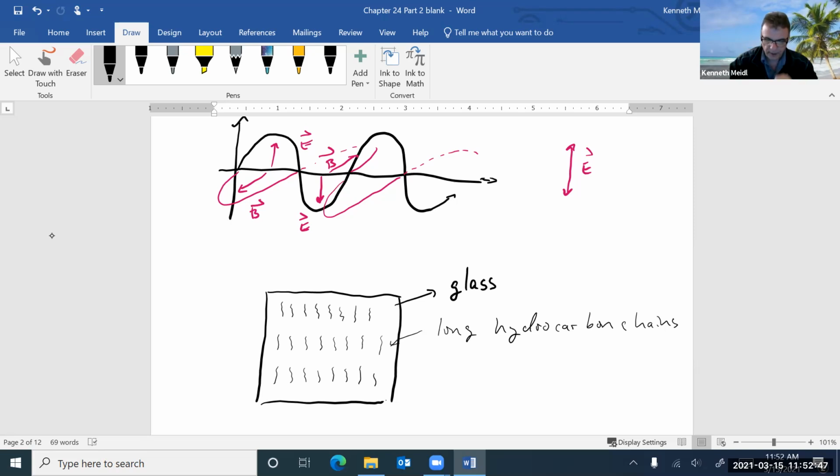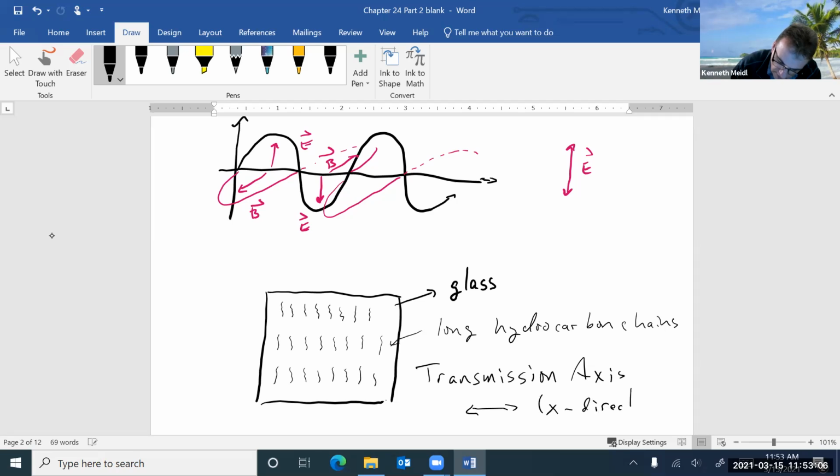So really here, what we would say is that the transmission axis here is this way in the X direction. The waves that are going sideways, or the X component of the electric field, can make it through this glass because on the hydrocarbon chain, right, the charged particles have no room to kind of move back and forth.